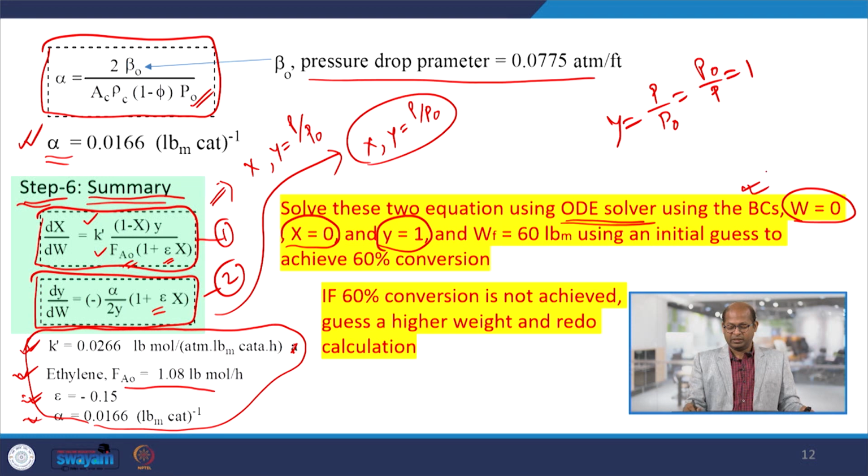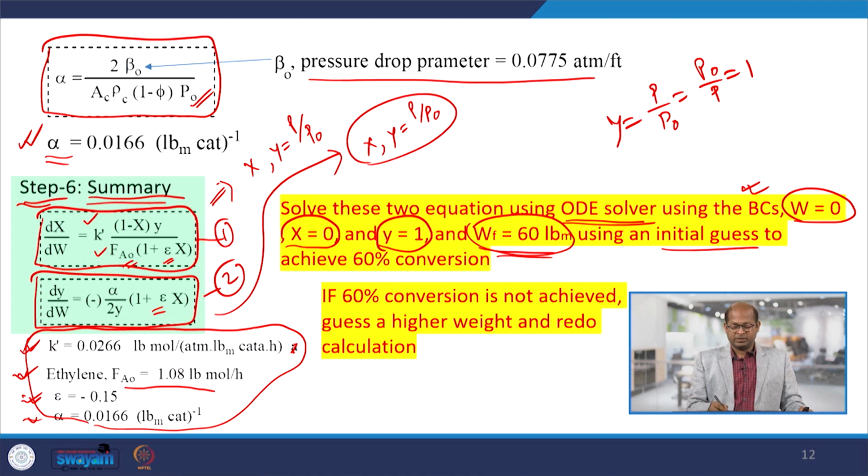That is one boundary condition. Since we are going to get 60% conversion, we assume that 60 pound mass of the catalyst is taken to run that program. So, that is the initial guess that we have to put in that program.